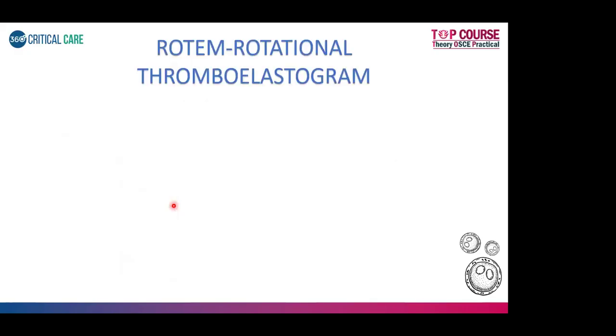Coming to the next half of the class on viscoelastic testing, that is your ROTEM. I know most of you are well versed with which one, TEG or ROTEM? You use TEG. That's one of the usual problems, because most people feel that ROTEM is a little more complicated.